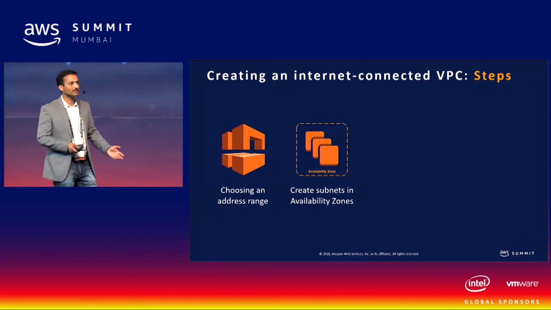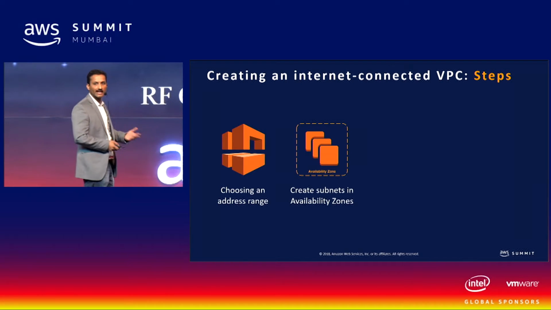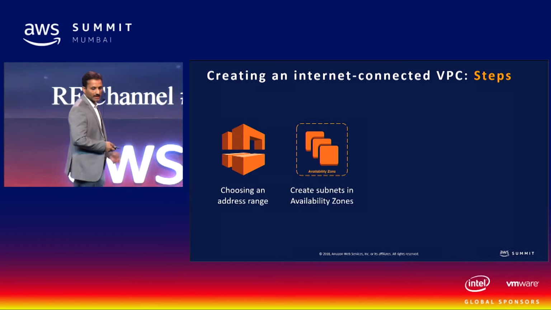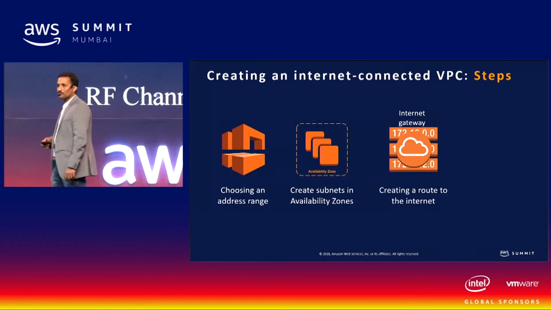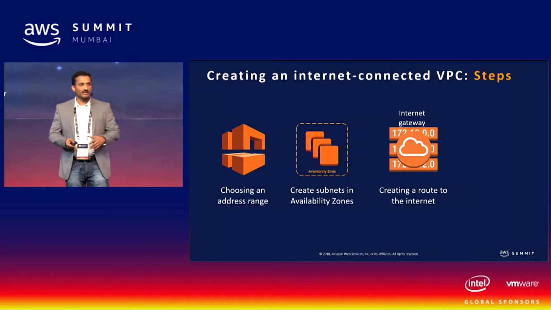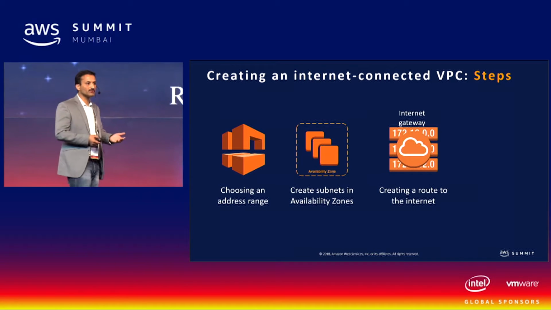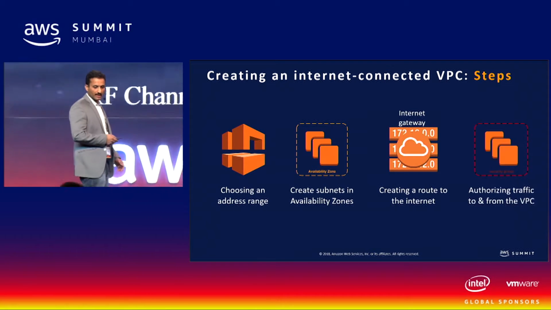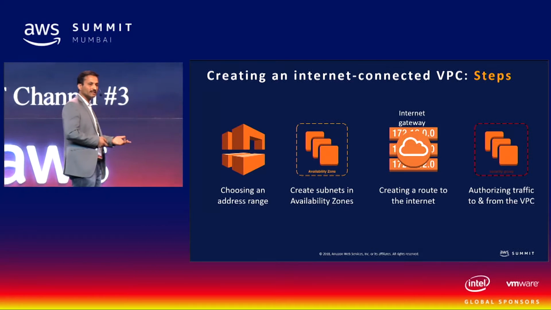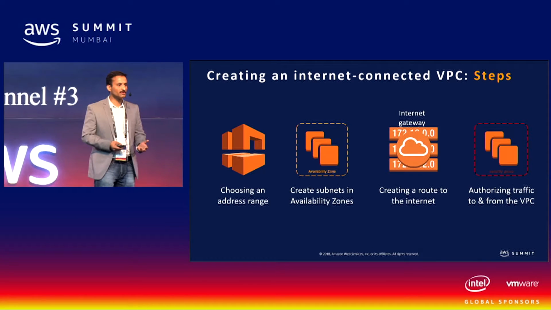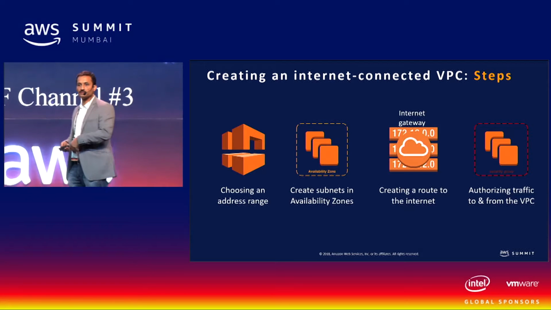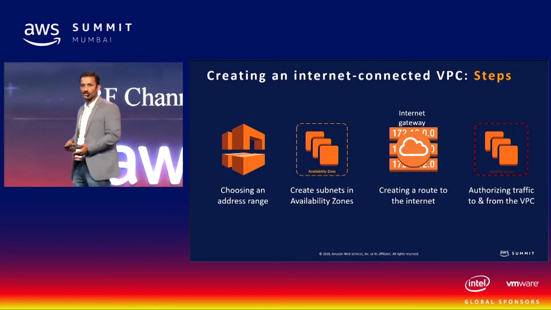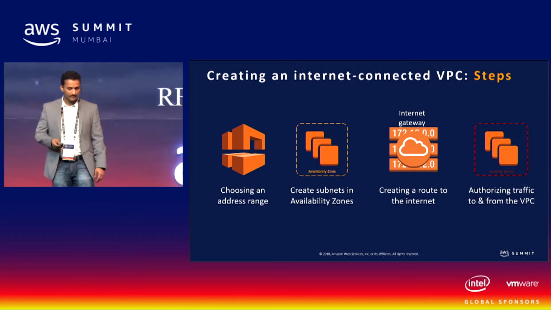As I said, we will talk about availability zones for high availability and management in subsequent slides. Then you would create a route table in there which will help you move the traffic in and out of your VPC based on your needs, right? And then once it's connected to internet, you would apply some security groups around the EC2 instance so that you can restrict what traffic can get into this EC2 instance, or what traffic can get out of the EC2 instance.